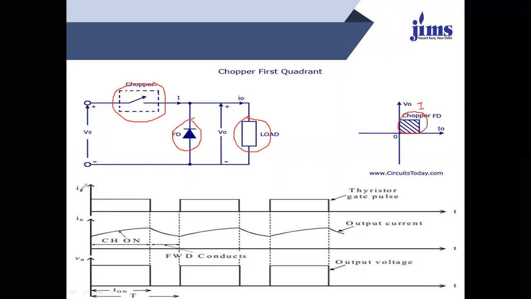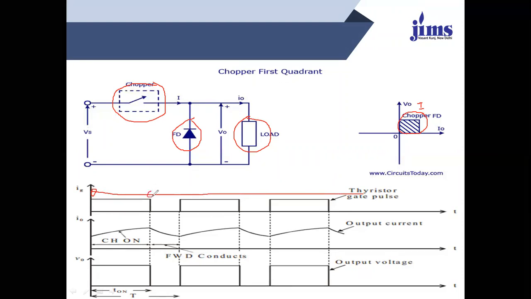In this case, the gate pulse we deliver to the device will continue from zero to a particular instant, until we commutate the device. So the input current, if we look at it, will be continuous in nature. It will be straight like this, and at this moment we give the firing angle to turn on the device.